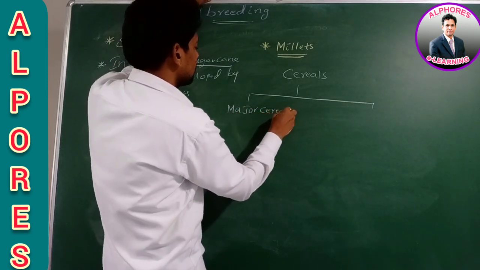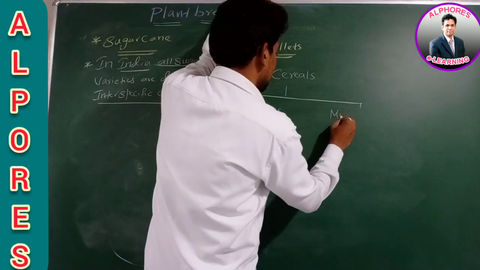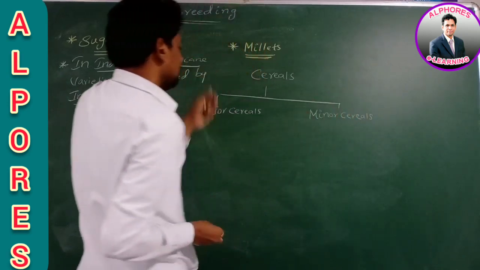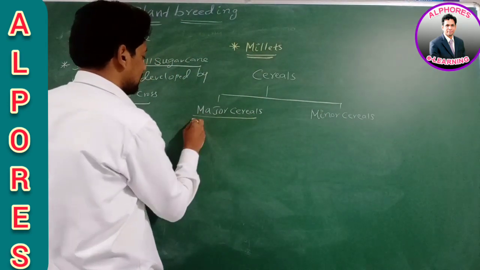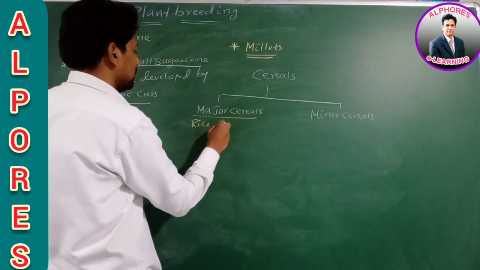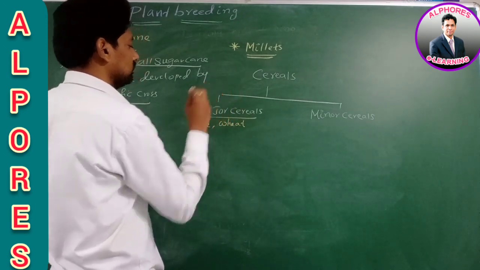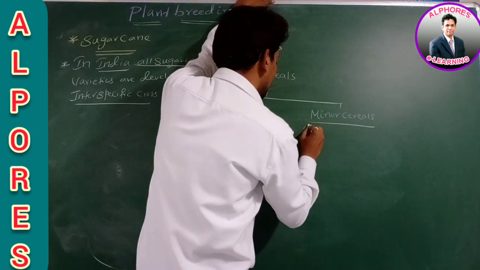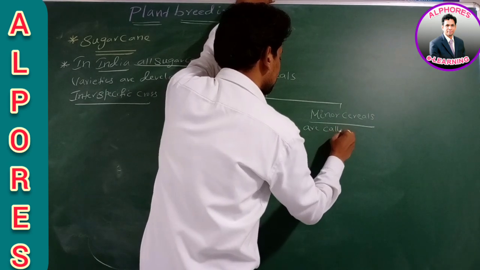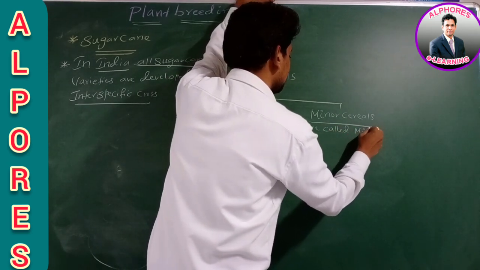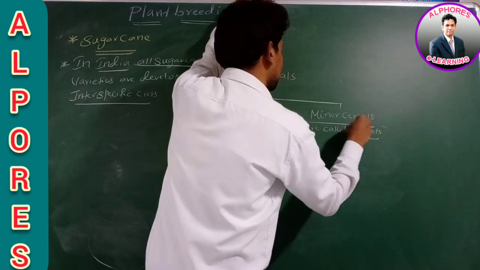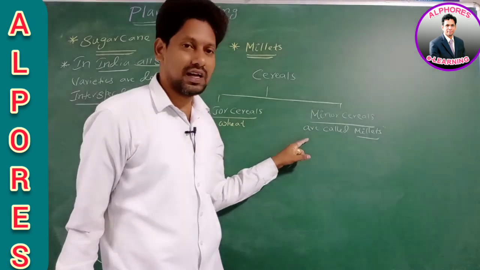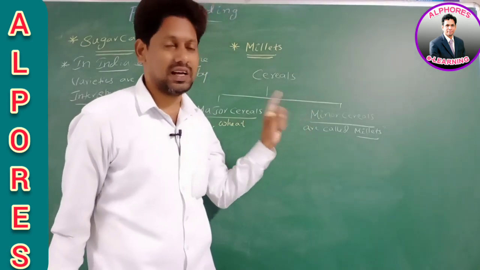Major cereals are rice and wheat, whereas minor cereals are called millets. Therefore, minor cereals are called millets.